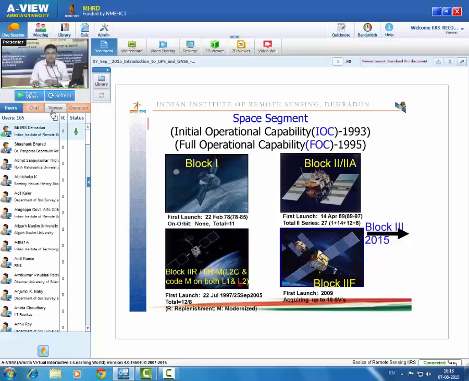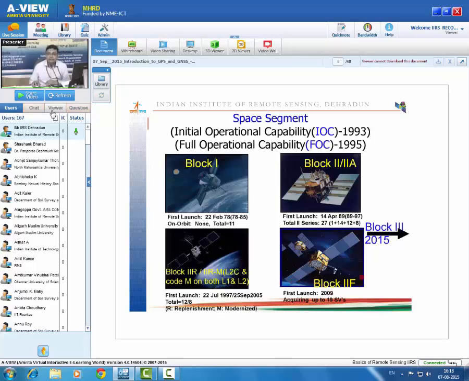We will see gradually what these L1 and L2 frequencies are. Overall, in block 2, the total number of satellites launched was 27: one for block 2, 14 satellites in block 2A, 12 satellites in block 2R, and 8 satellites in block 2RM. So like this, block 2 has been there.